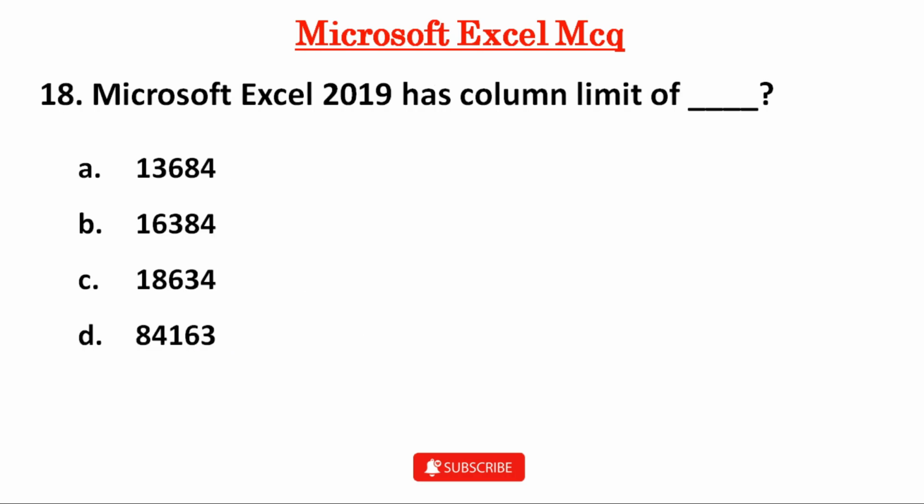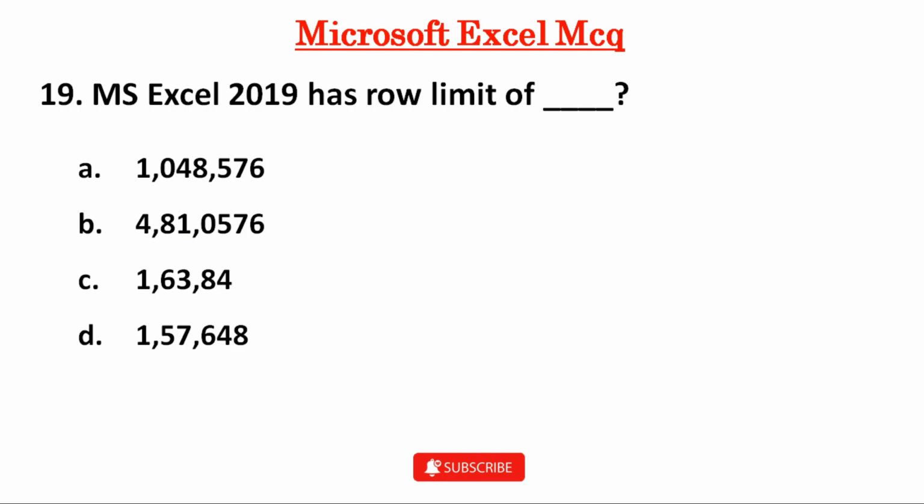Next, Microsoft Excel 2019 has a columns limit of dash. Right answer is 16,384. Next, MS Excel 2019 has a row limit of dash. Right answer is option A, 10,48,576.